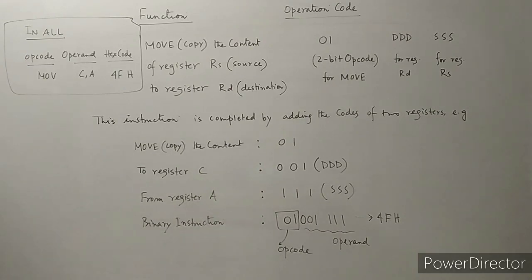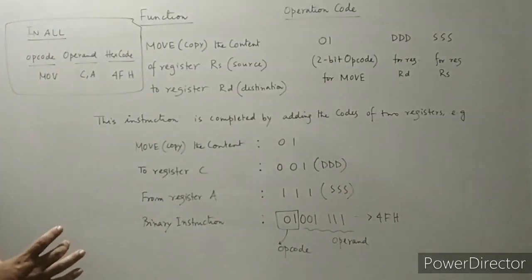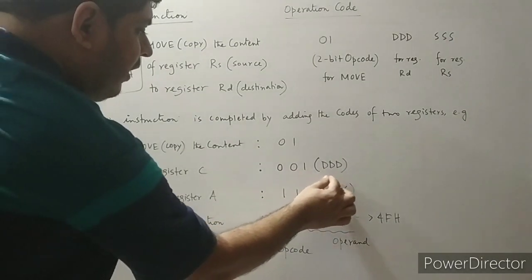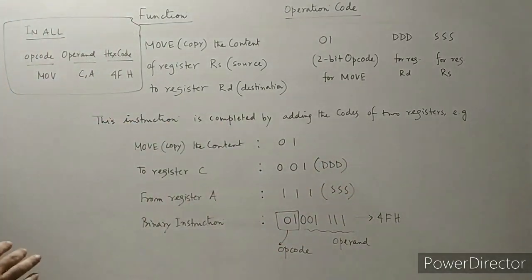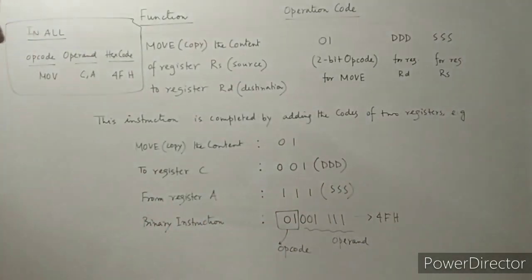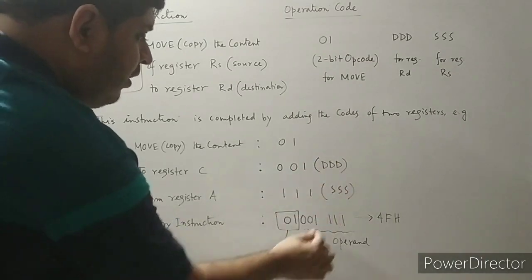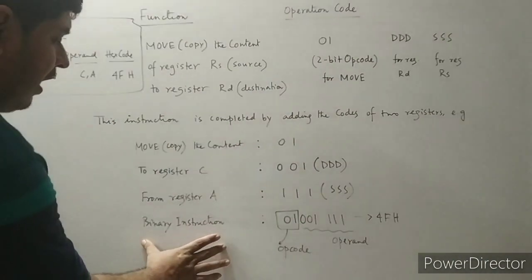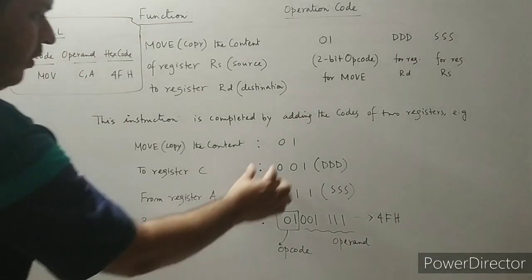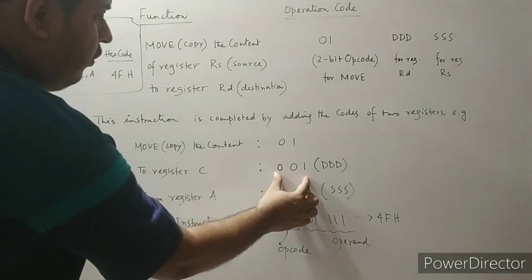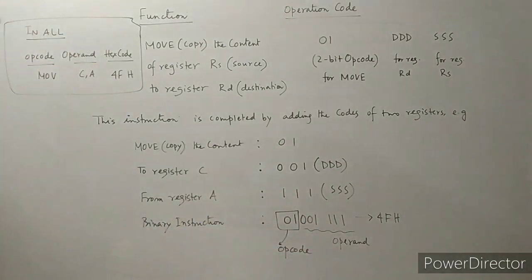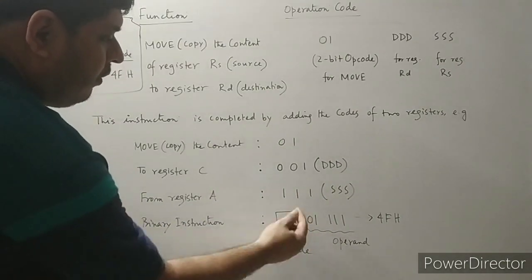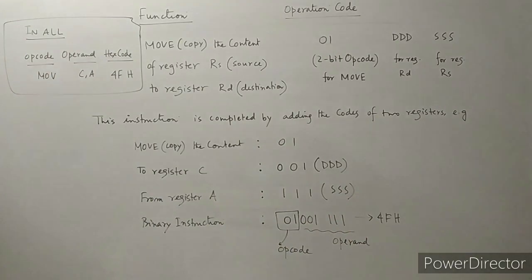For example, move is 01, to register C, it is 001, that is DDD, from register A, suppose it is 111, that is SSS. So the binary instruction will become 01 001 111.